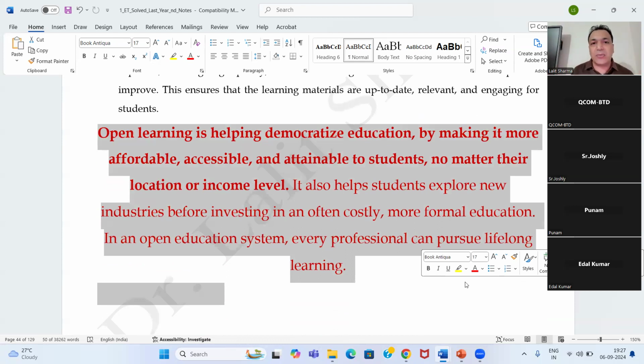One example I want to give you is Udemy. A lot of courses on Udemy are in a very cost effective way, at very simple prices. Means the cost of a course is 1 lakh rupees. With the help of the Udemy platform, which is an open learning platform, you can do it within 5,000. So this is the open learning system.